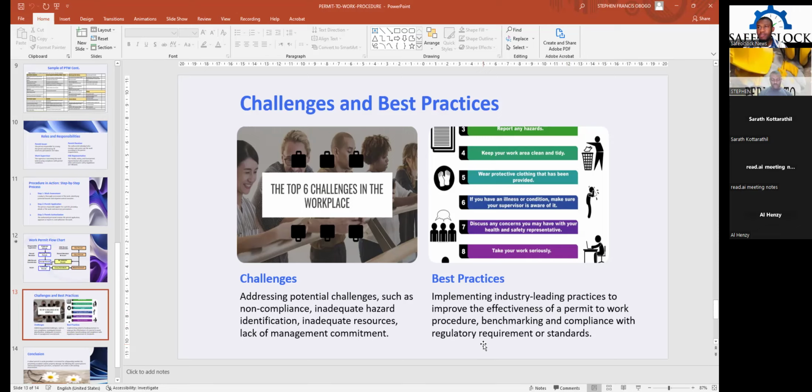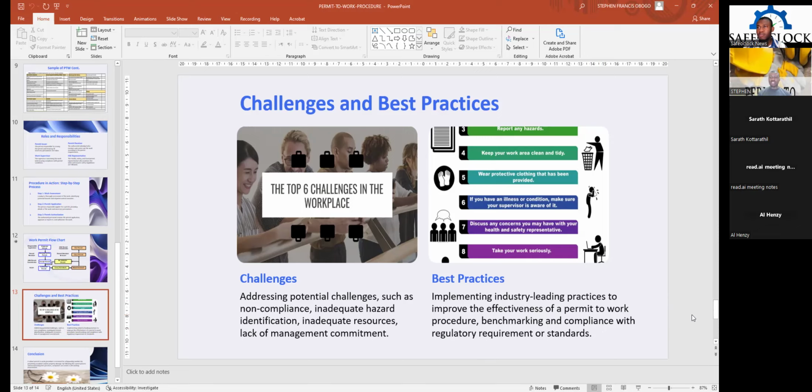You use it to benchmark, use it to check what you are doing within your organization, if you are at the best level of implementing your permit to work system. So if there are lapses or gaps, then you'll be able to make amends to ensure that everything is done.